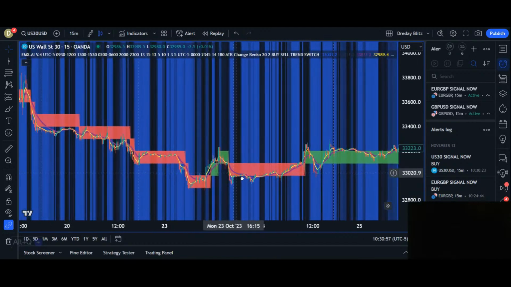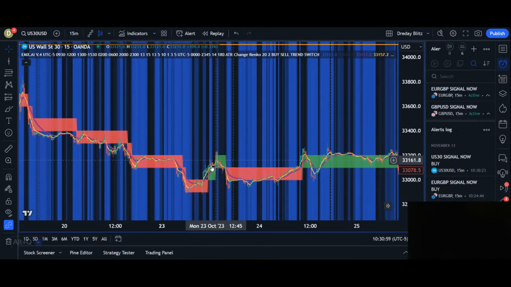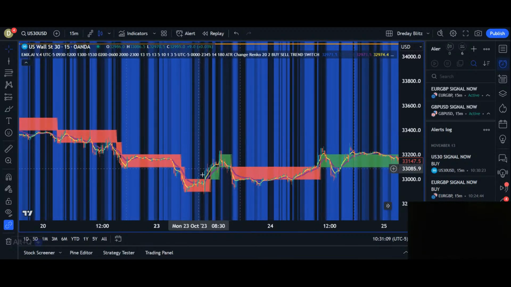Okay, like here, right now you had a buy. So let's say you had a buy here. You stop. No, not even this one. You wouldn't touch your stop loss at all because you would be out of the trade before.